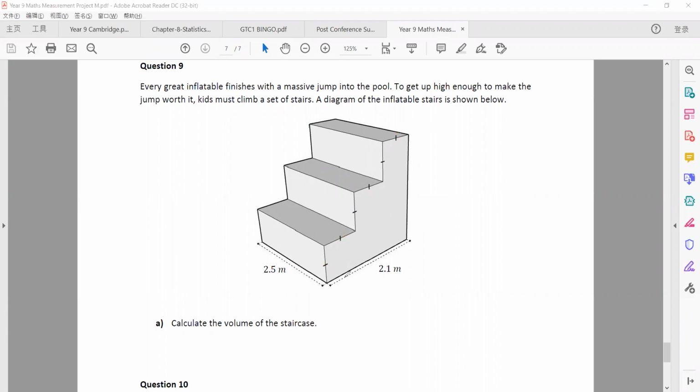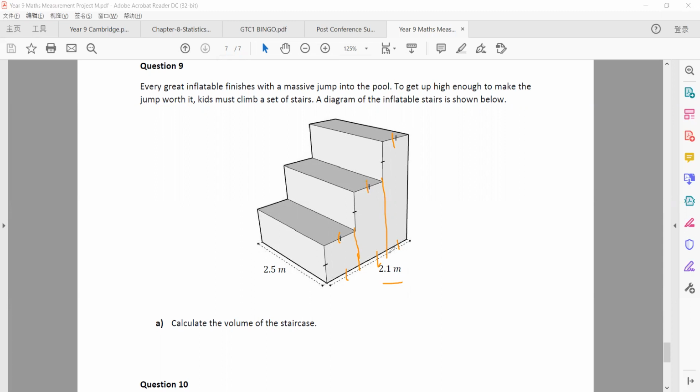If we look at it horizontally, we can just draw it here. This side will be the same as this one, this side the same as this one, and this side the same as this one. Because we know this side is 2.1 meters, we can divide by 3.